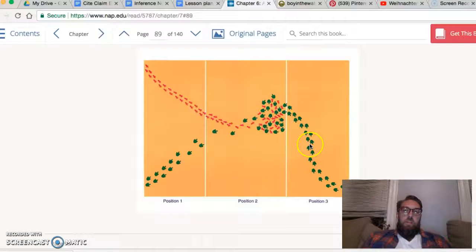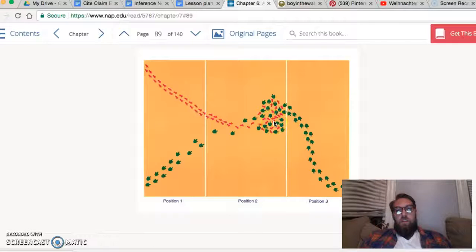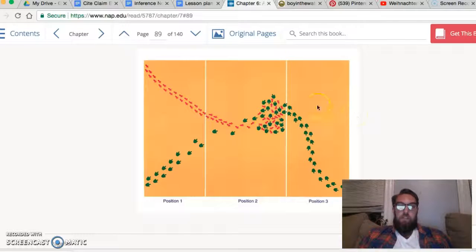Okay? Some of you might also be able to infer that the red animal, the smaller one, is a bird and it flew away instead. That's why there's no footprints, it's because it's a flying bird. Either of those would be correct inferences.